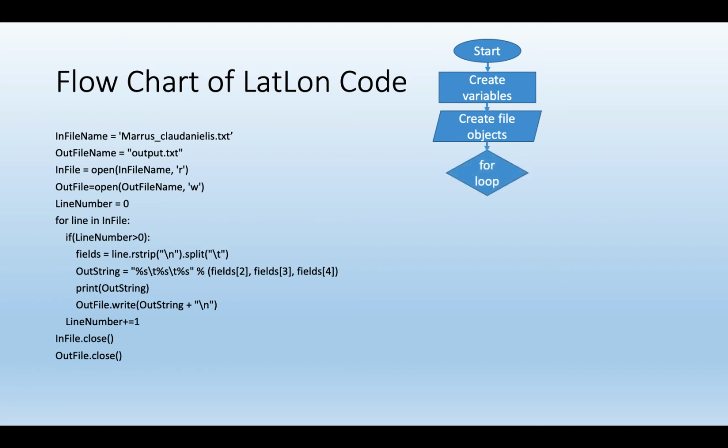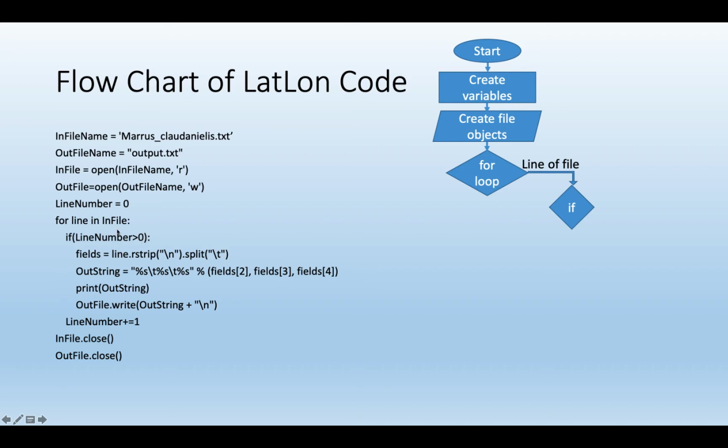After that, we'll proceed into our for loop, and we will loop through every line of the file, and for every line of the file, we'll first evaluate an if statement. If that statement is true, we will execute a series of commands. If not, we will continue on to line number +1, and we'll increment line number.